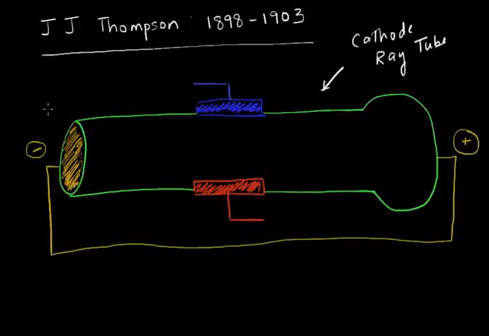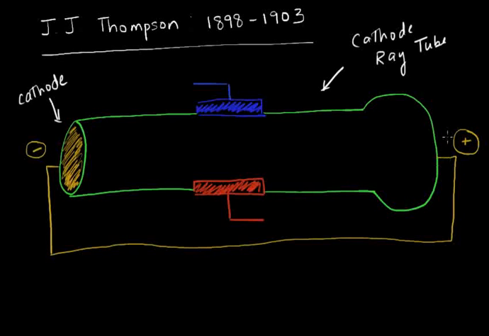First, a little bit of anatomy. This end of the cathode ray tube is called the cathode. Thompson ran this test a lot of different times using different kinds of metals, anything from aluminum, bronze, copper. And this end is the observational end, where you can see what comes out of the cathode when an electric field is applied across this tube.